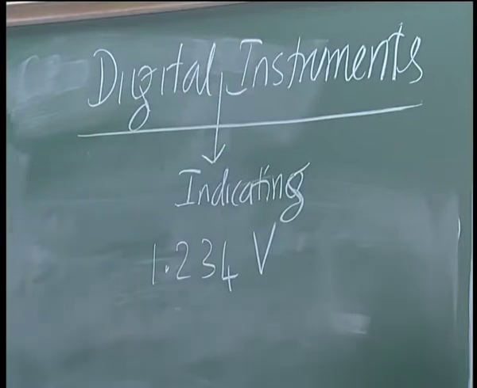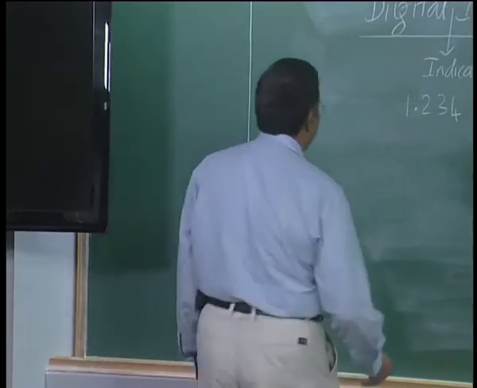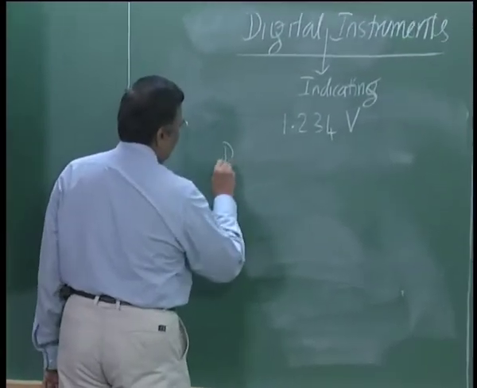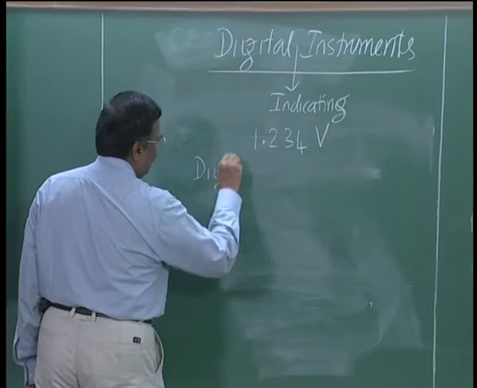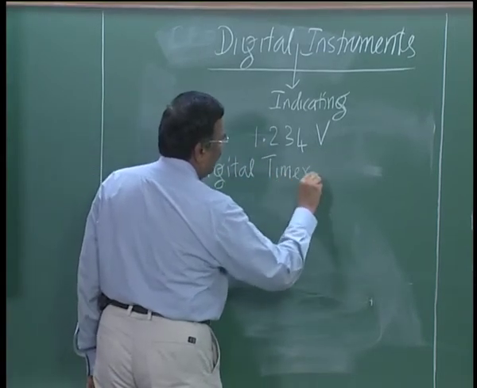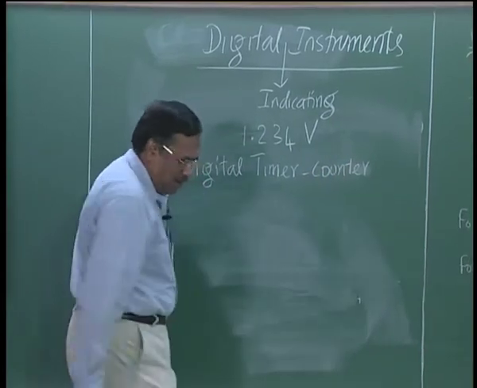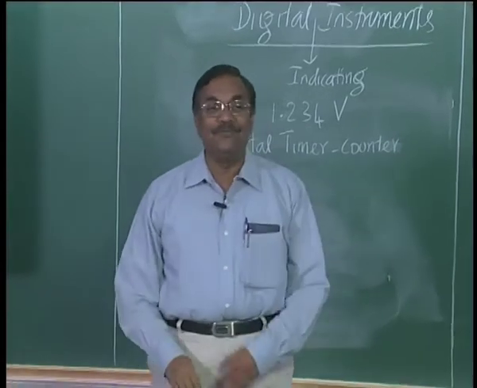The very first digital indicating instrument that was invented is the digital timer counter. There is also a reason for this.